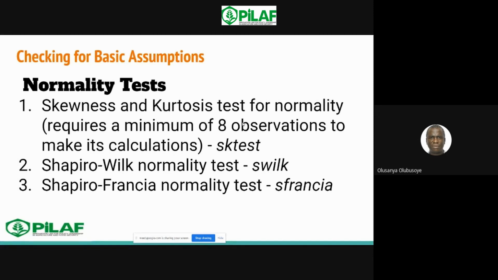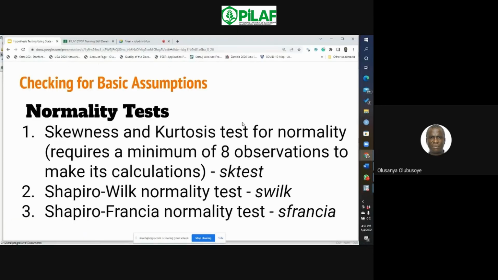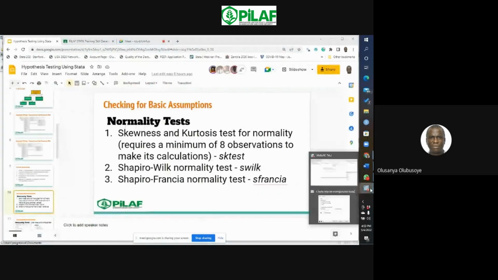This test requires that you have a minimum of 8 observations for the test to run its calculations. Then there is the Shapiro-Wilk normality test, and the Shapiro-Francia normality test. These three tests are available for use in STATA. So let's go to our STATA environment now.